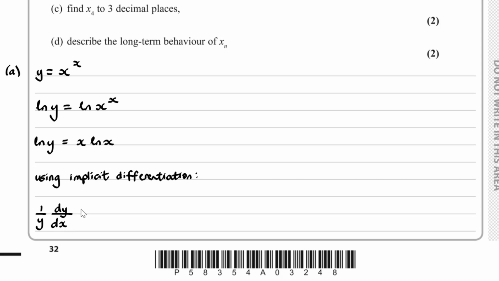And for us to now differentiate x times by the natural log of x, we'd have to use the product rule.